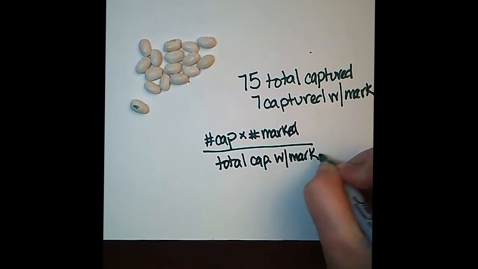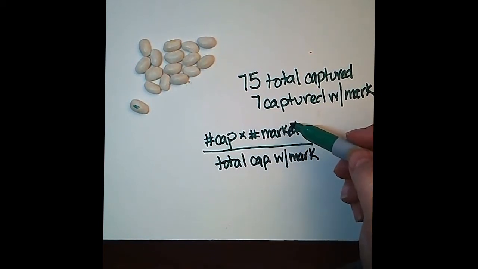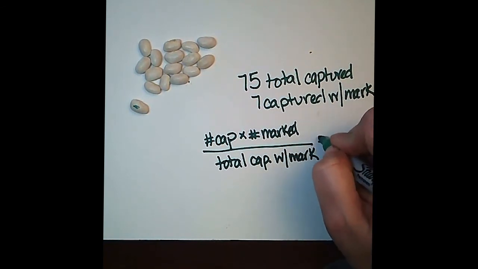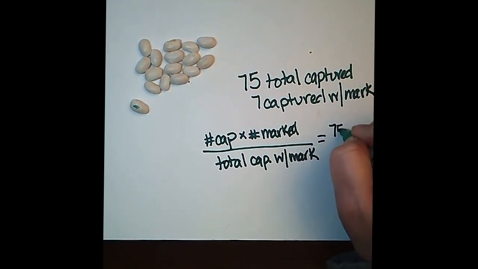Now, remember the total we marked was the 10 at the very beginning. So your formula looks like 75 times 10, because that's the number we marked, over 7.